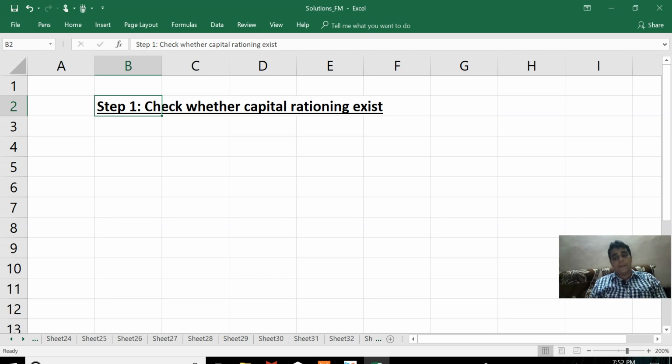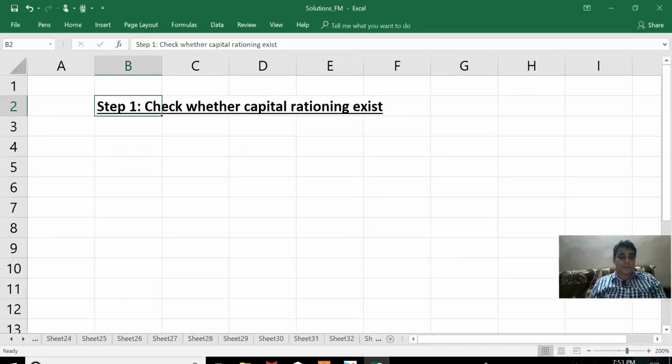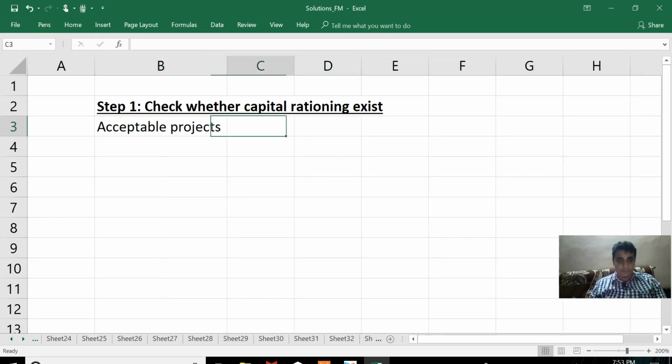After finding out the NPV of the projects, we need to find out acceptable projects and non-acceptable projects. An acceptable project is one which has positive NPV. In this case, all the 5 are acceptable projects: A, B, C, D, E.